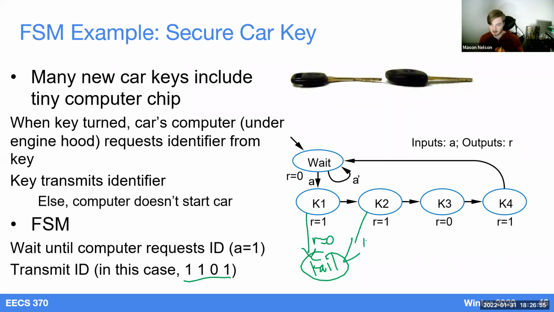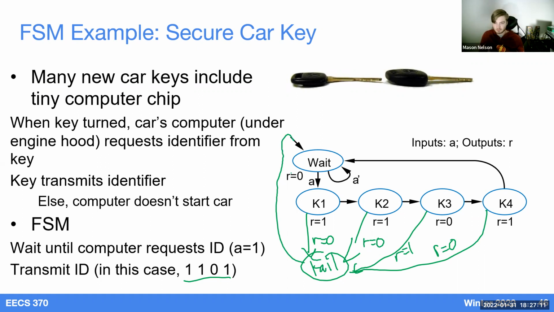Then we would go to a fail state for r equals 0. And then we would check the next bit. Again, if it's not what we're looking for, we go to a fail state. And finally, if it's not what we're looking for, we go to a fail state. And then after a fail state, we might go back to the wait state once again. But that's a simple machine to check if we're receiving a sequence that we're looking for.